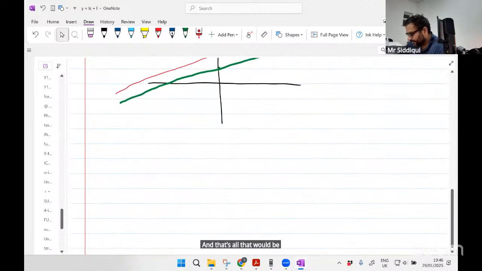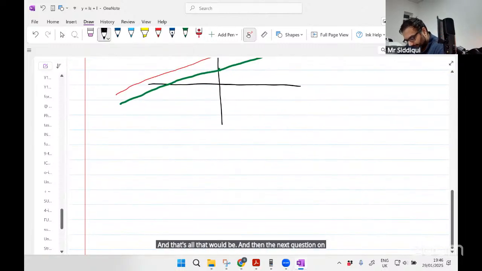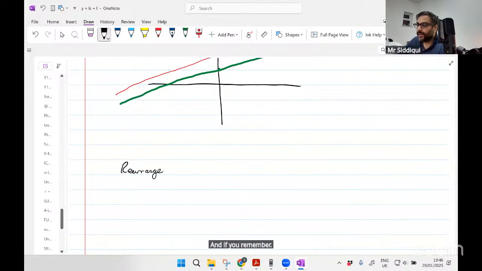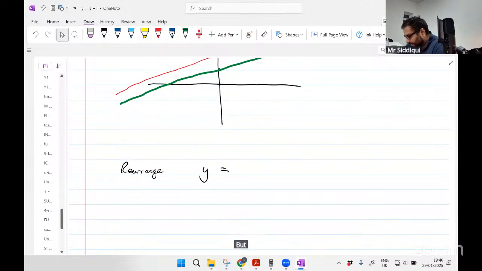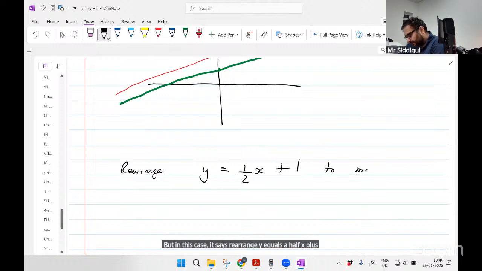And then the next question on this was rearrange. And if you remember, you do have to do a lot of rearranging when it comes to these equation questions. But in this case, it says rearrange y equals a half x plus 1 to make x the subject.